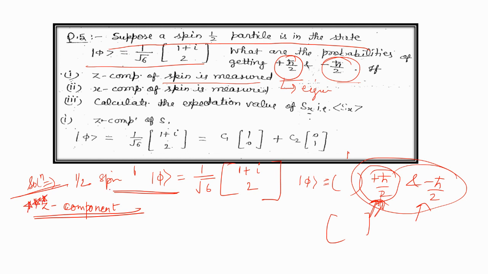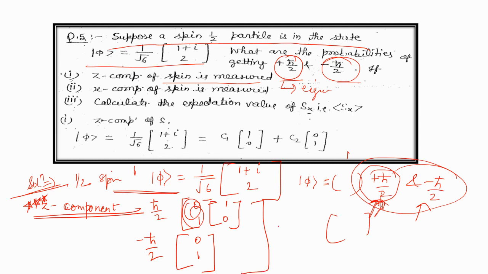So when z component is given, the eigenvalue corresponding to h cross by 2 and the eigenvector associated with it will be 1 0, and for minus h cross by 2 it will be 0 1. This is very important, very important.